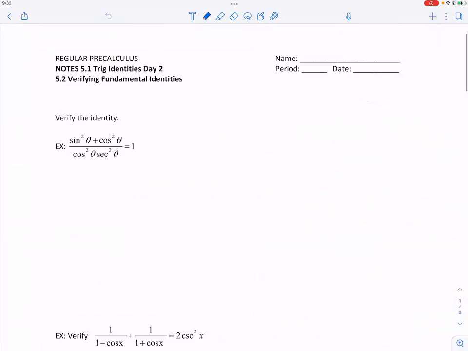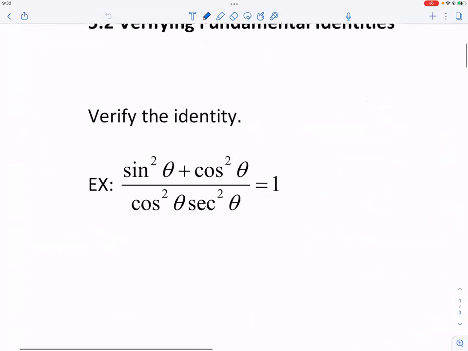And today's stuff is actually easier than what you did last Thursday and Friday. It's easier because what you need to do is to show how the left-hand side is equal to the right. That means you are given an answer. Last Thursday and Friday, we just said, hey guys, go ahead and simplify.